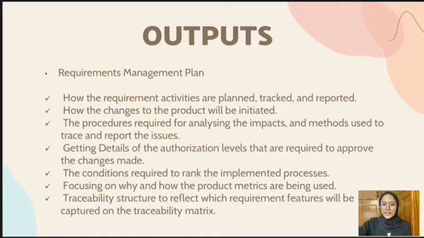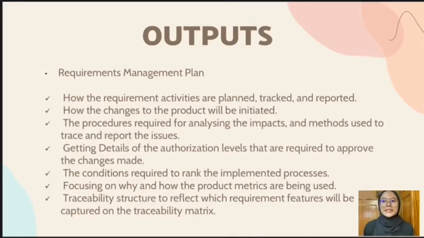As we can see in the slide, in the requirements management plan we need to know how requirement activities are planned, tracked and reported, how changes to the product will be initiated, the procedures required for analyzing the impact and the method used to trace and report the issues, and the fourth one is the details of the authorization levels required to approve changes made, the conditions required to rank the implemented process, and focusing on why and how the product metrics are being used, and the last one is the traceability structure to reflect which requirement features will be captured on the traceability matrix.